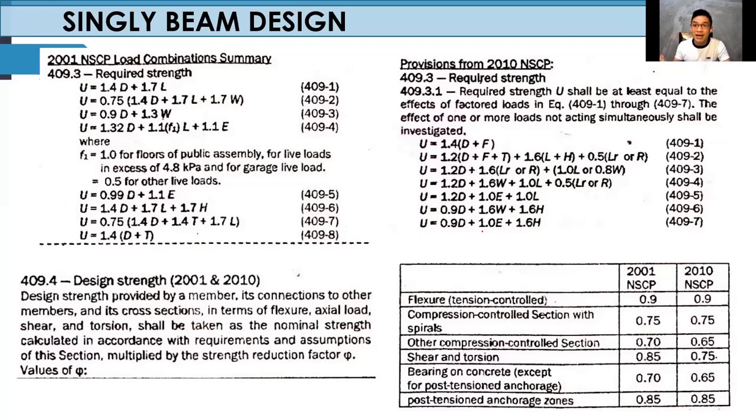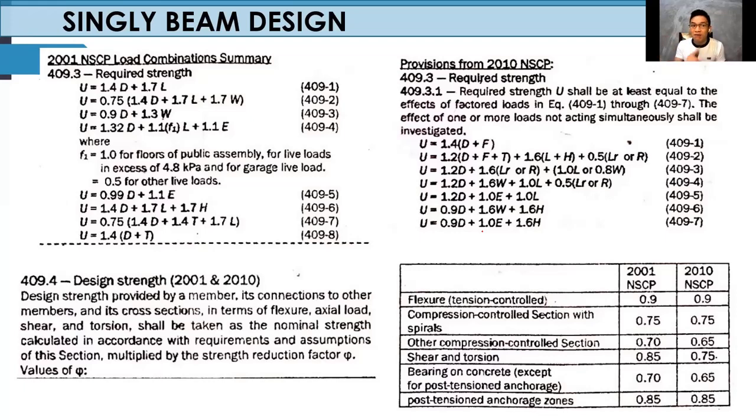Hindi na siya economical. What I mean is that malaki na masyado yung factor of safety, therefore napakalaki na din yung mga sections natin. So therefore, ang ibig sabihin pag malaki yung sections ng ating columns, beams, slabs, malaki na din yung ating kailangan na budget. So therefore, na-analyze nila na medyo exaggerated lang yung ating factor of safety.